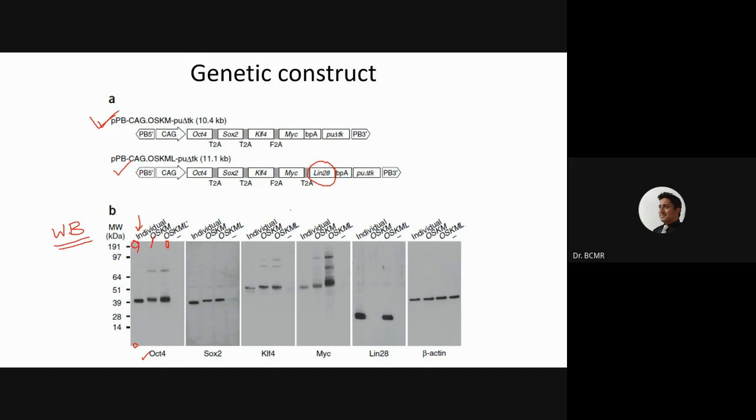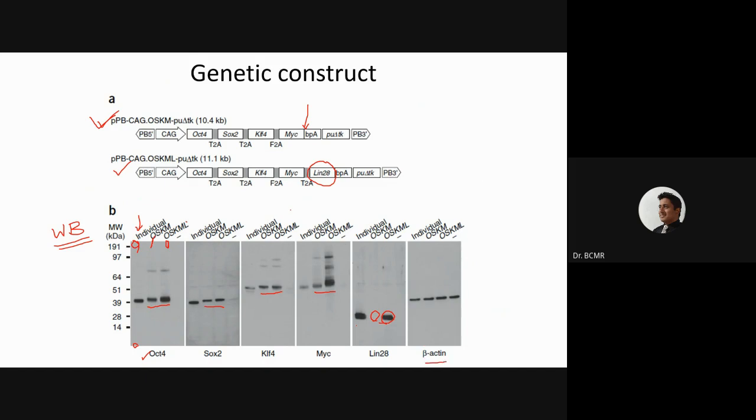And what they found is there is expression of Oct4 in both the cases. Similarly, the results of SOX2 also. Also, the results of KLF and C-MYC. And if you see Lin28, it's only present in one, and it's absent here because they did not clone it in this case. There is no Lin here, right?